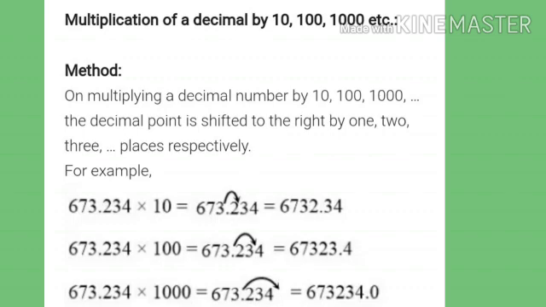Similarly, if 673.234 is multiplied by 1000 and in 1000 there are 3 zeros, so its decimal point will shift to the right 3 places. So the final answer will be 6,73,234.0. So students, note down this in your notebook.